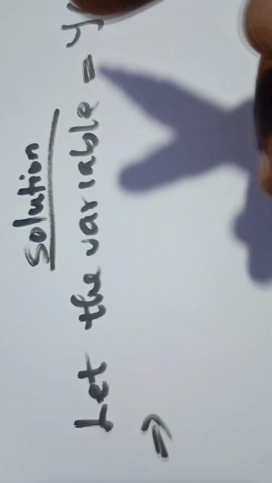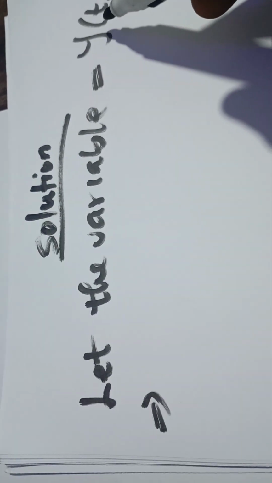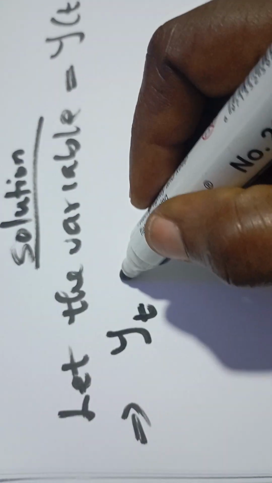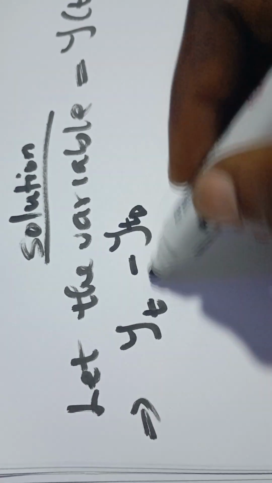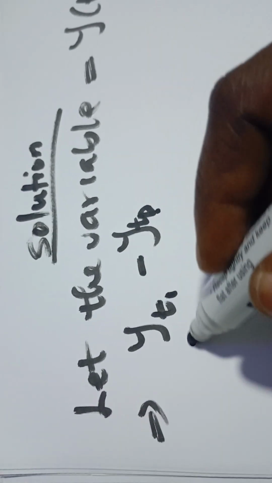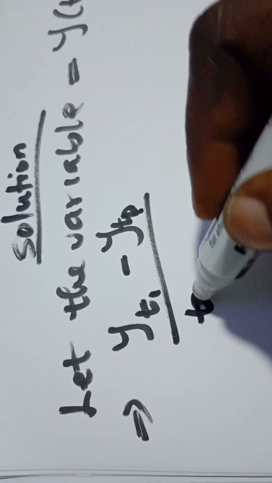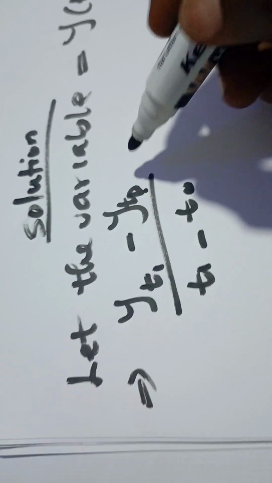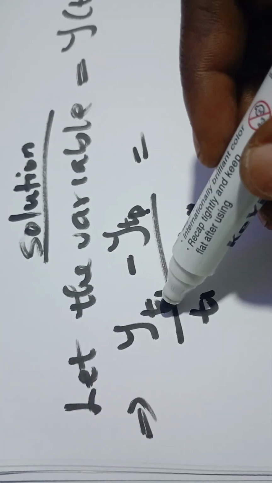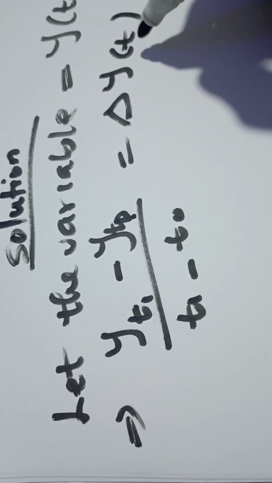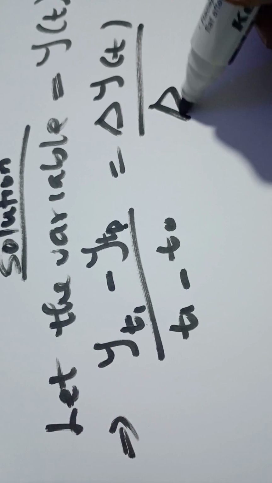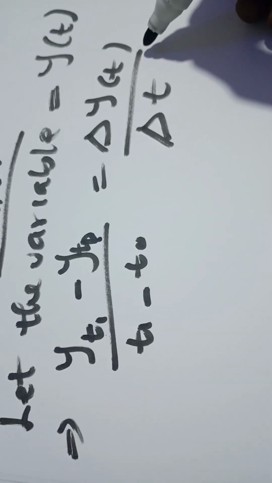Now, if the variable under consideration is y, then y tomorrow minus y today, you divide it by the time difference. This will give you the change in y at a defined time with respect to the change in time. So this is where our concept is coming from.